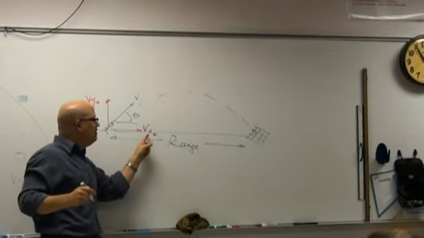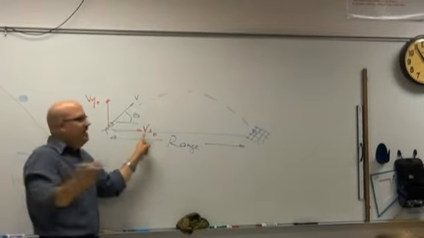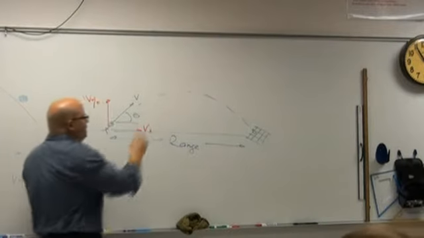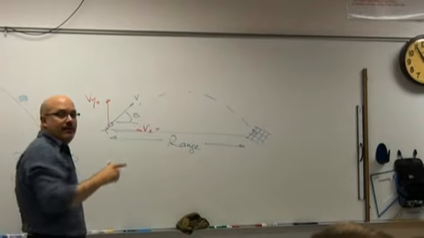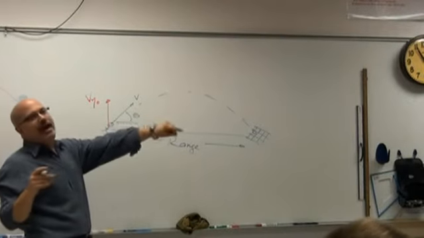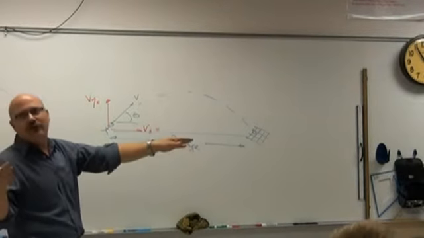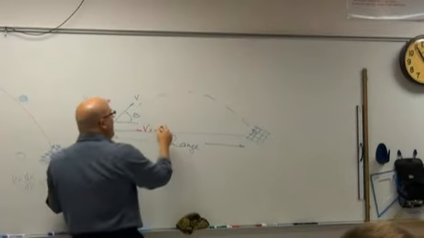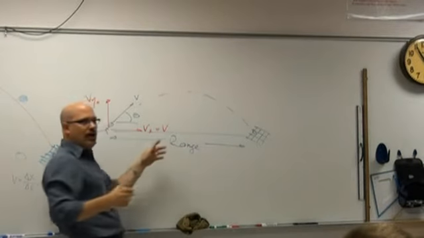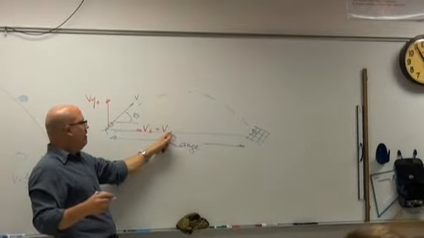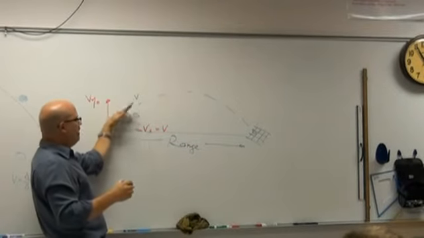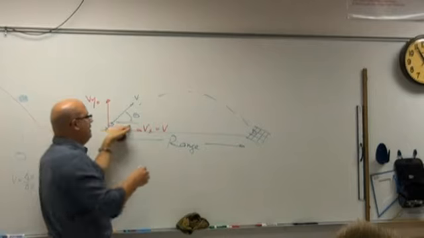But do I really need to put initial velocity here? No, because it's always the same, right? It's never going to change. So this Vx, given this theta, because usually they give you the angle with the ground. They don't have to. But if they give you the angle with the ground, this is going to be V, what? Sine or cosine? Cosine. It's the angle, it's the part down here, right? It's the adjacent.